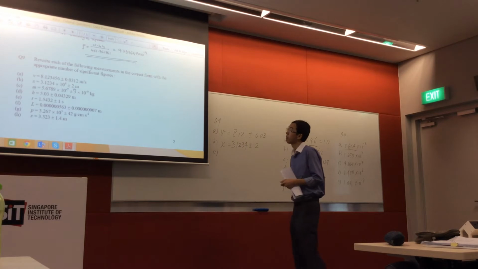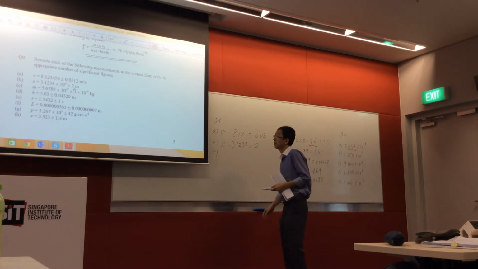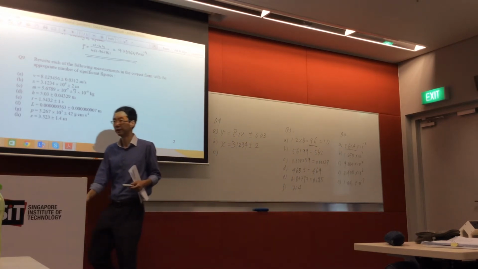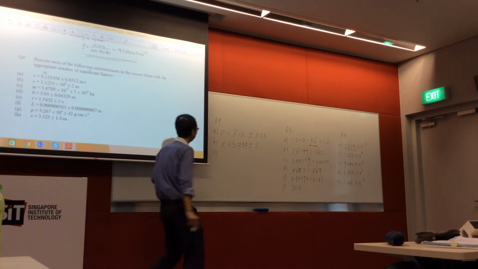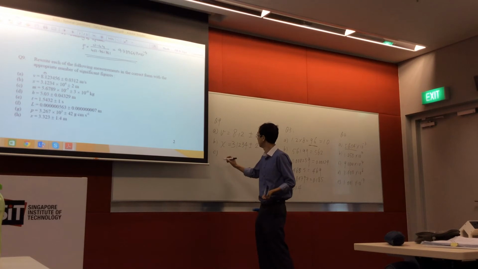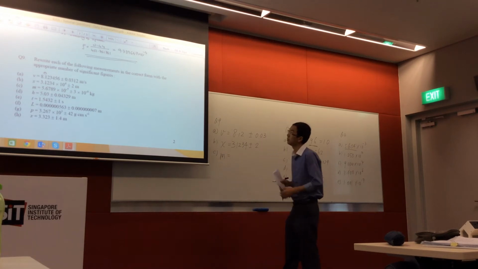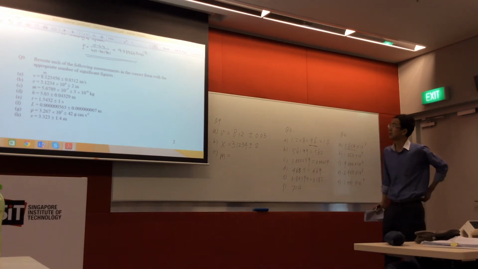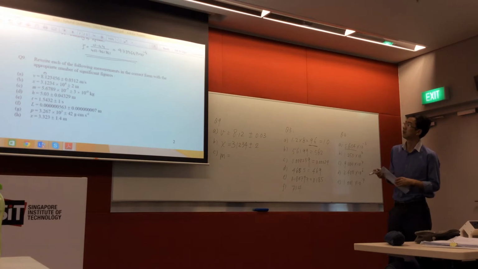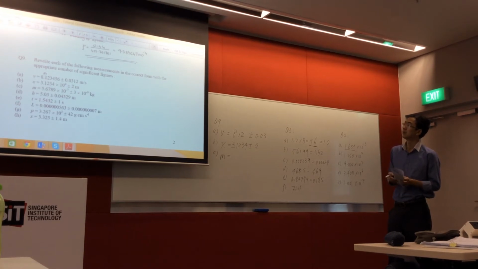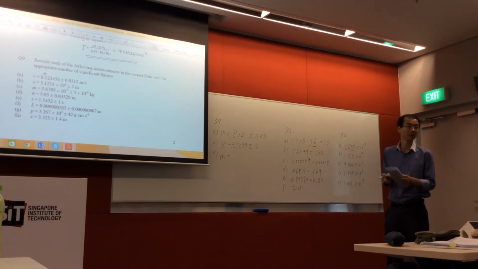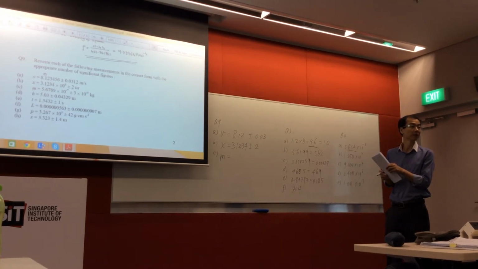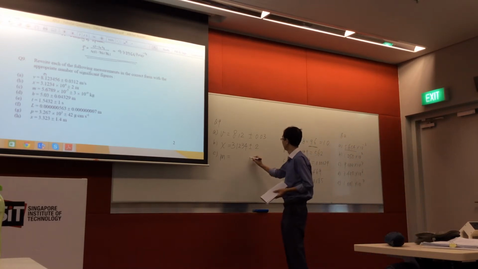Okay, C. C will be the mass. First you look at the uncertainties. Is it correct? For the uncertainties you can only have one significant figure, which is correct for this case.